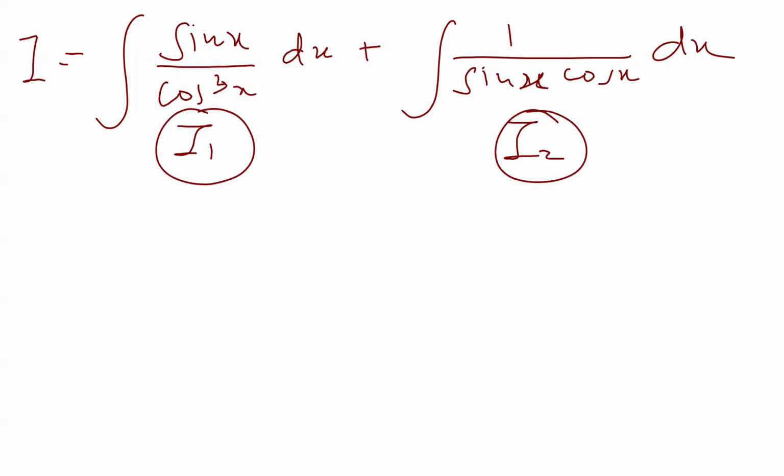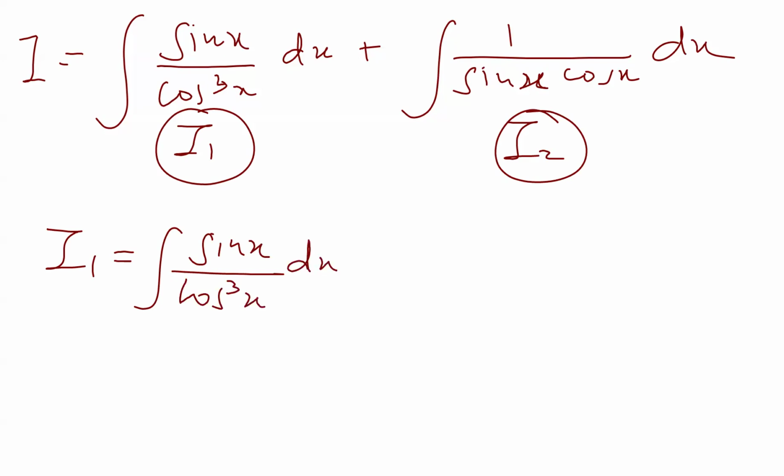I1 is sin x upon cos cube x dx. Now the derivative of cos is present in the problem, that is sin, and the derivative part should be in the numerator.